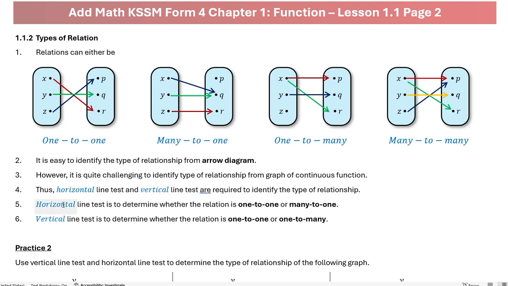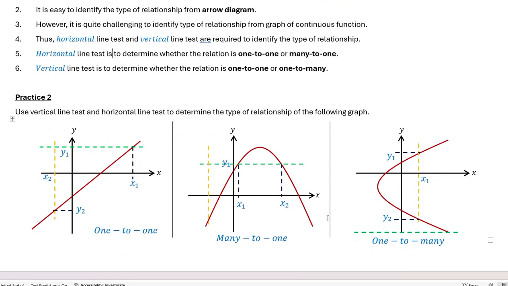The horizontal line test is to determine whether the relation is 1 to 1 or many to 1. And the vertical line test is to determine whether the relation is 1 to 1 or 1 to many. For example here, the horizontal line test is the green one.